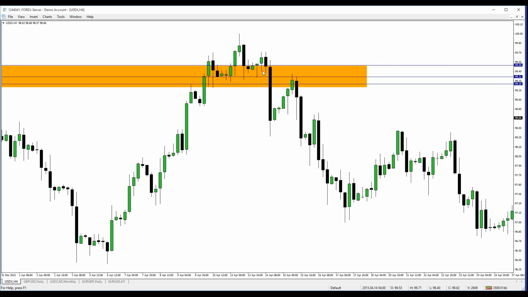But notice what's happening. This is occurring in a daily bearish order block inside that orange range. So this is actually inside of that bearish order block, and it drove price up. Do not look at that as a new buying opportunity.